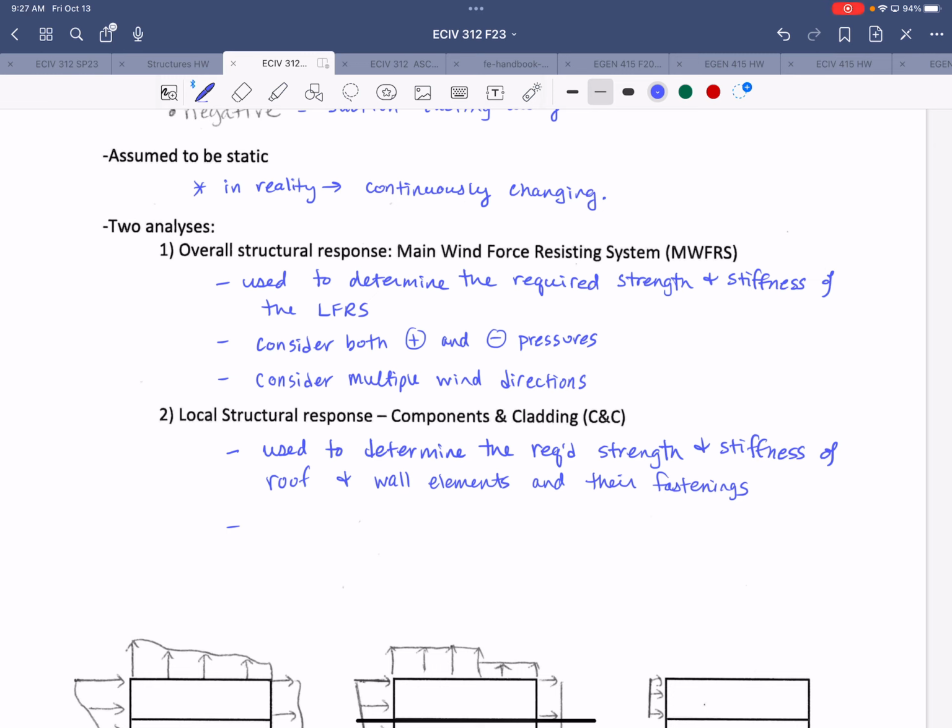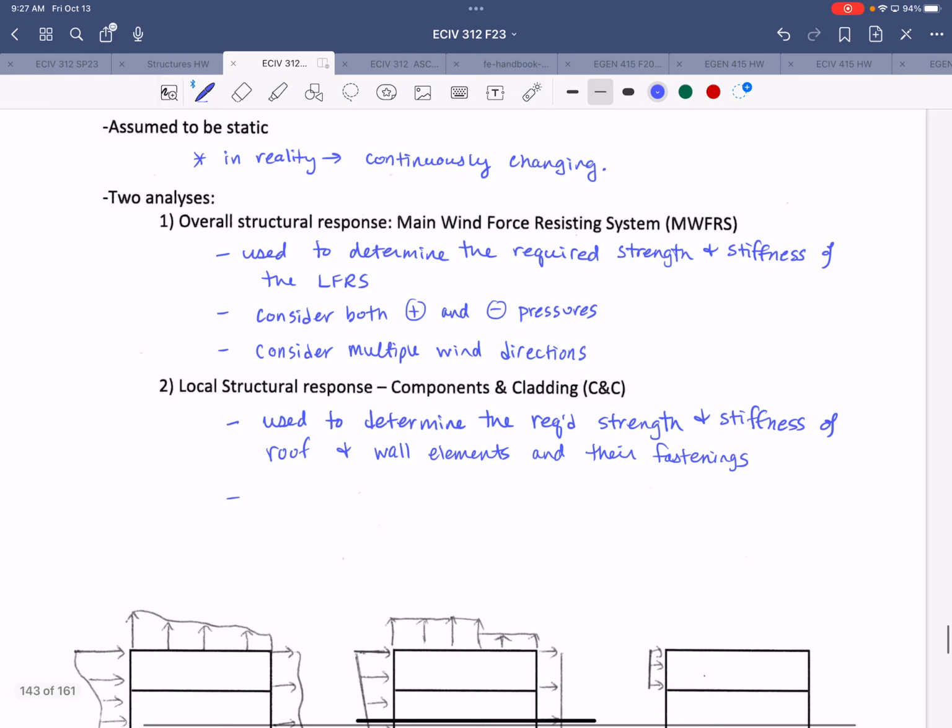We want them to be able to function and transfer the forces to your lateral force resisting system. So we design them for higher pressures, usually larger.